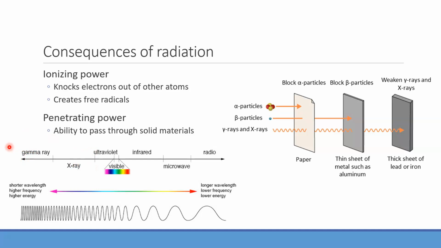The further to the right you go on this chart, the shorter the wavelength, the higher the frequency, and the higher the energy. So remember, wavelength is the distance between 2 points on a wave, and frequency is how many times that wave passes a point. And so these have very short wavelengths, very high frequencies, very high energy.